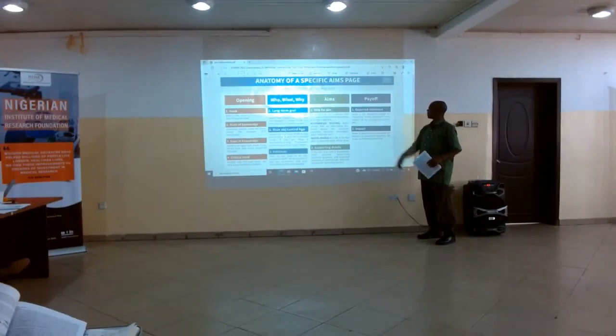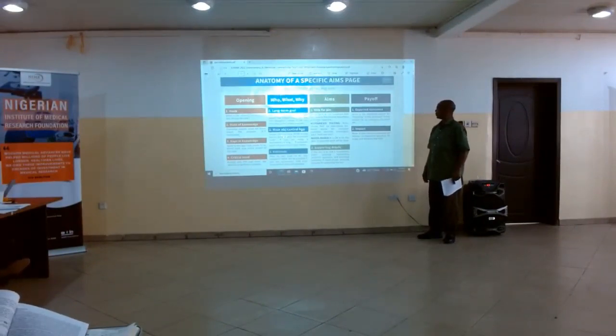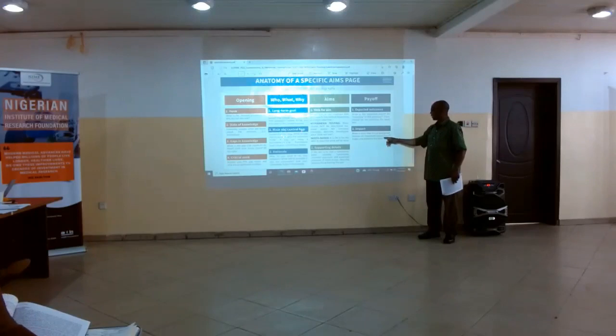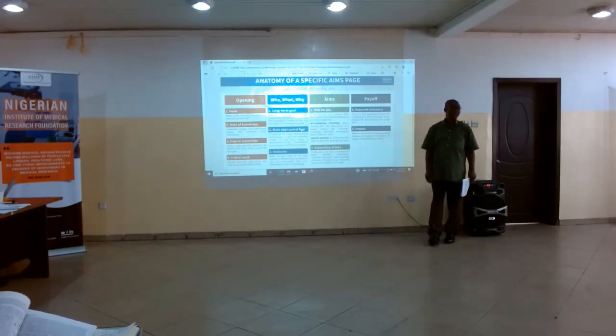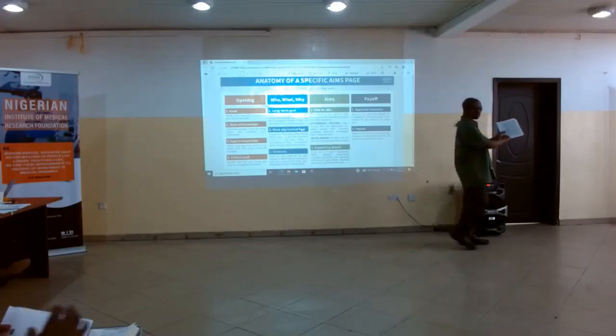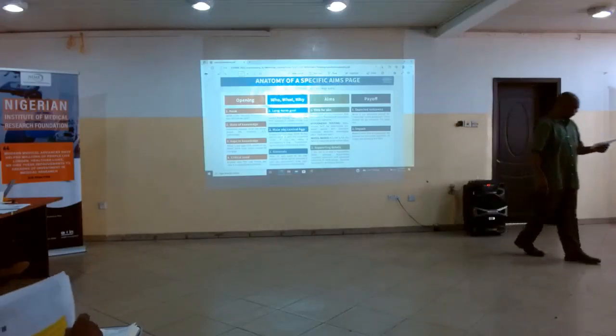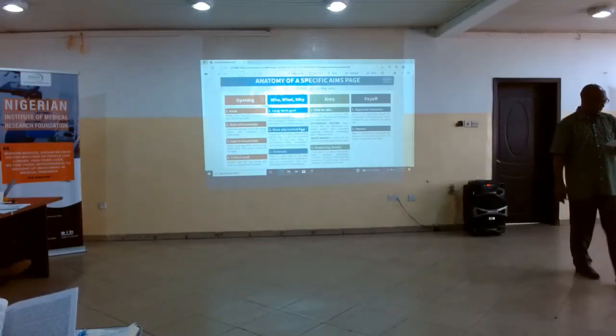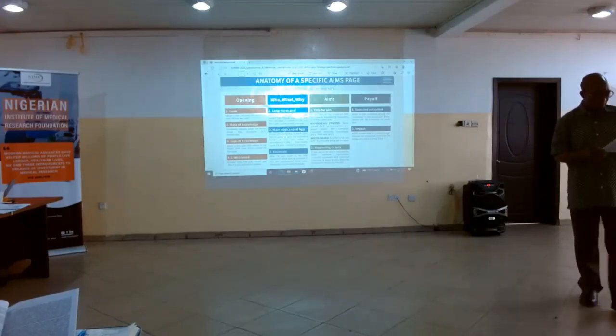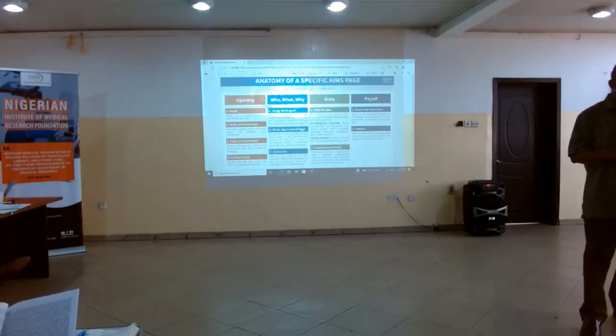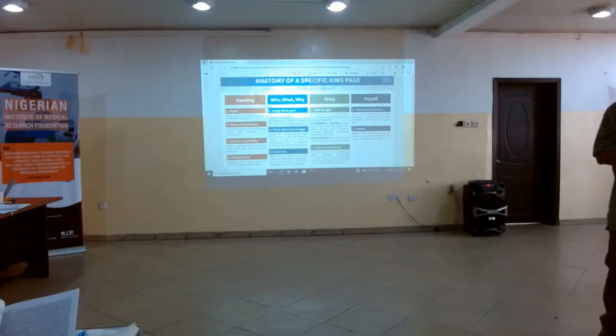Expected outcome, what is the expected payoff for investing in this proposal? There should be an outcome for each aim. Make it clear that this proposal will answer an important question, fill a gap, and advance the field, which you see stated in 3 lines of 2 sentences, I suppose. Long one.